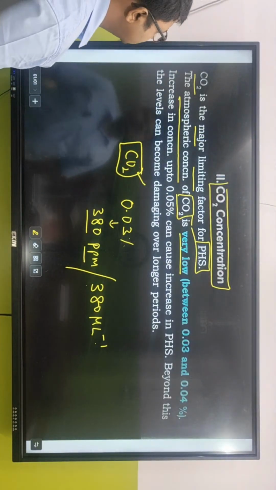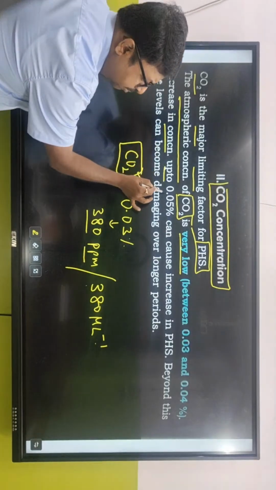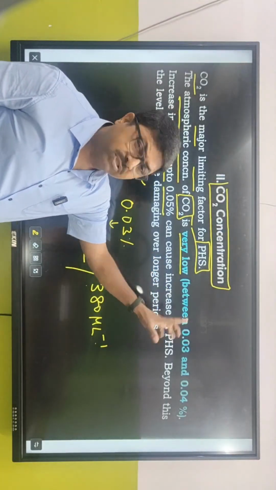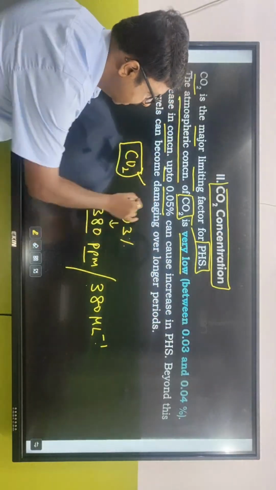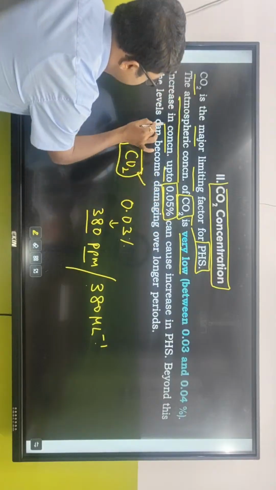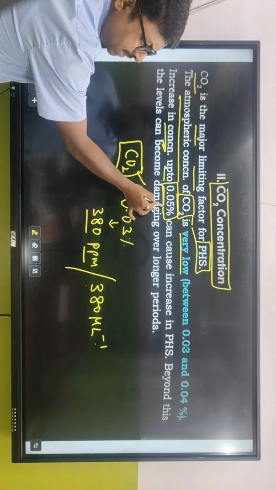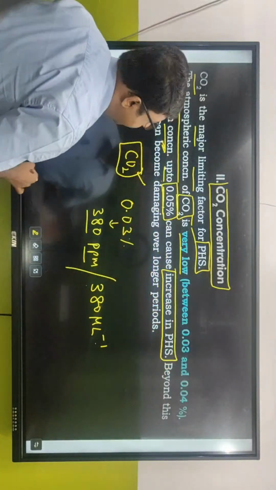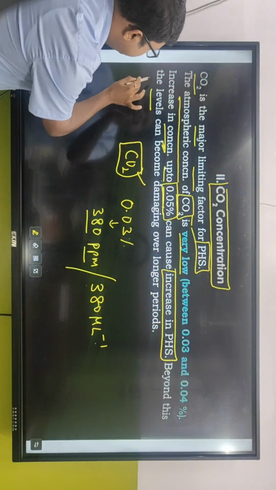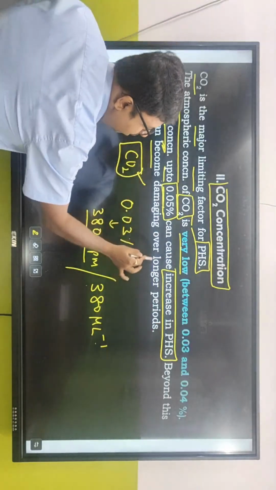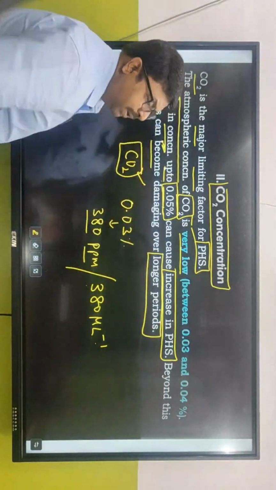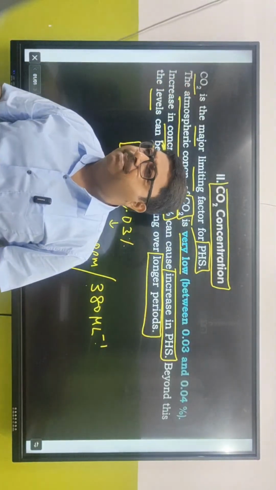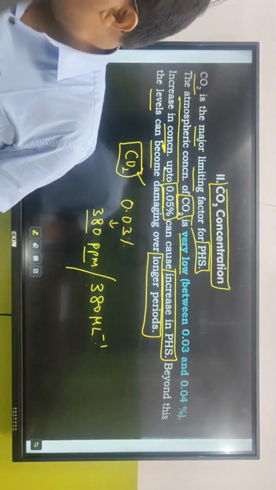An increase in concentration up to 0.05% can cause an increase in photosynthesis. Beyond these levels, it can become damaging over longer periods. If there is a high carbon dioxide content, don't think that carbon dioxide fixation will be higher and you will get a higher yield.